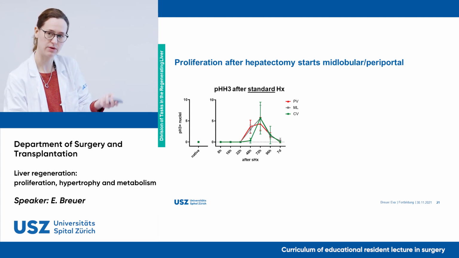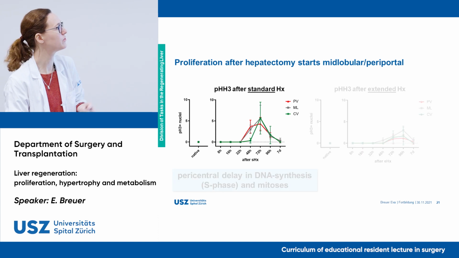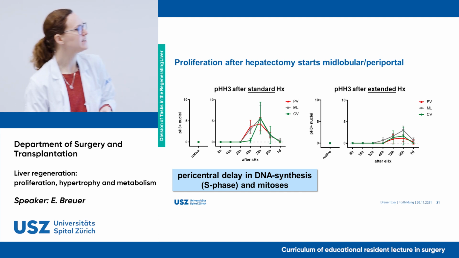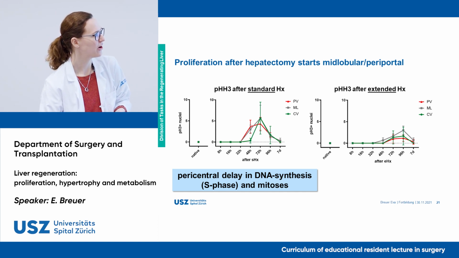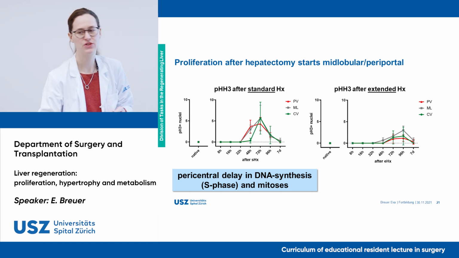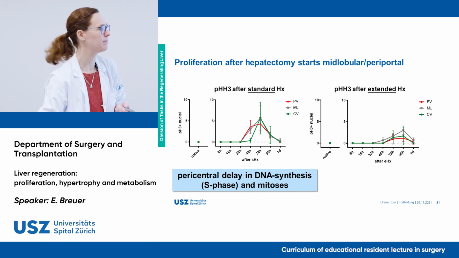This was for the PCNA, but also for the phospho-histone H3. Then if we looked at extended hepatectomy, we saw, as we expected, fewer cells entering mitosis, but also a little bit of delay. So these cells started later in the cell cycle. At the moment, we're also finishing time points in between, so we get a better insight into what happens in between.